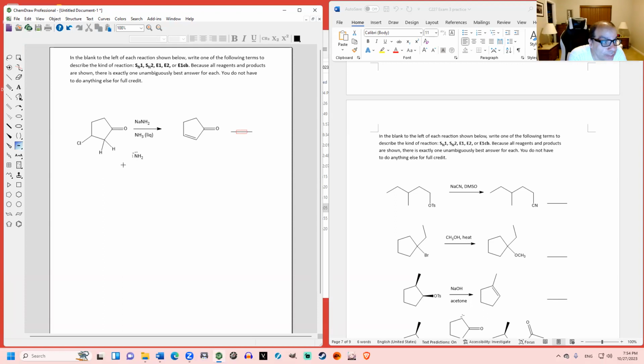And in class, we said if you're given a substrate that has a poor leaving group with a really strong base, and you see a new double bond being formed, this is an elimination reaction. Since we've got a strong base and a poor leaving group, this is going to be an E1CB reaction.